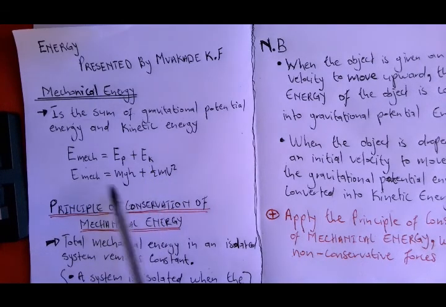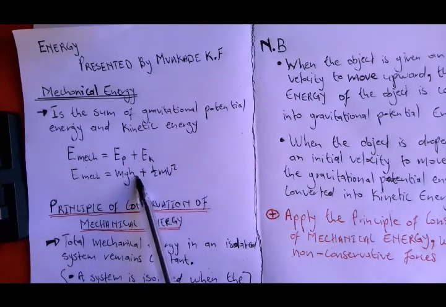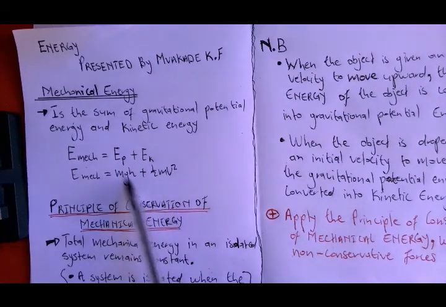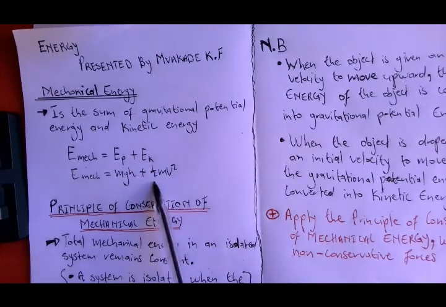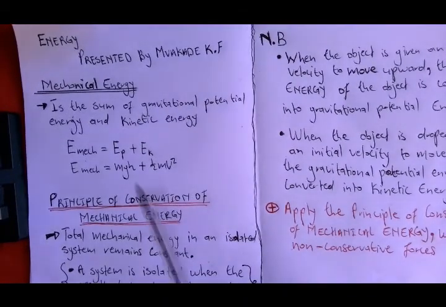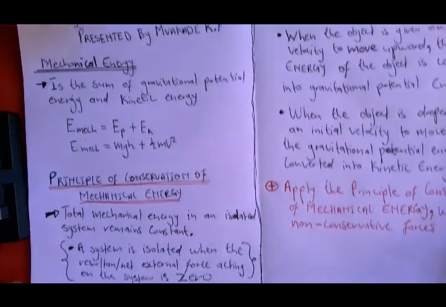So we can further write this as Emec equals mgh plus half mv squared, where mgh is the formula for EP and EK is half mv squared. We did the potential energy and the kinetic energy in the previous lessons.